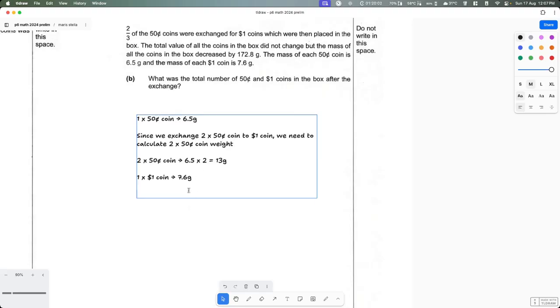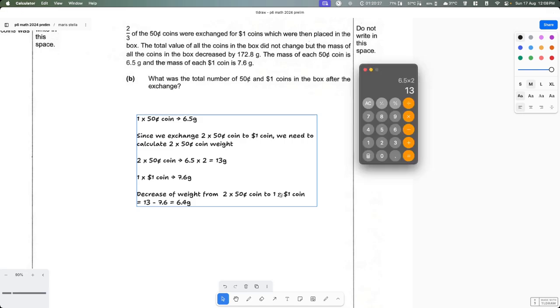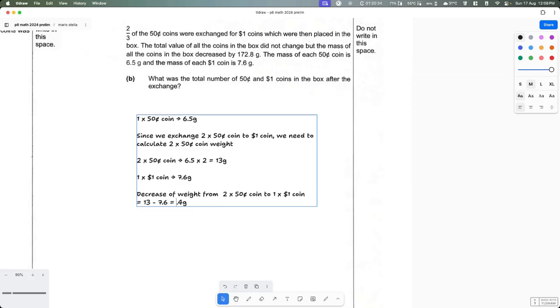Then the decrease of weight from 2 times 50-cent coins to 1 times $1 coin is equal to 13 minus 7.6, which is equal to 5.4 grams.